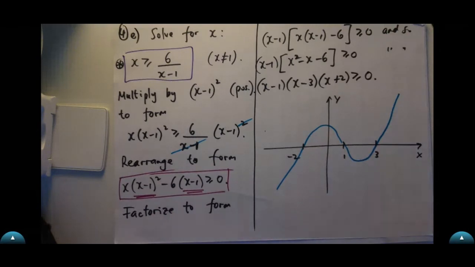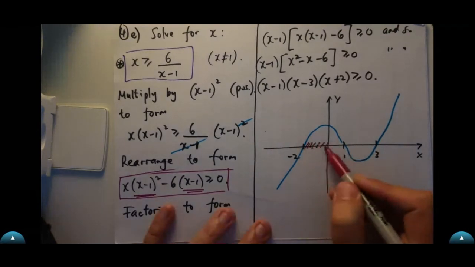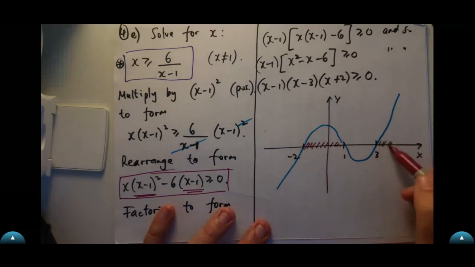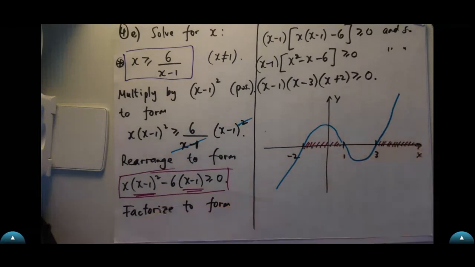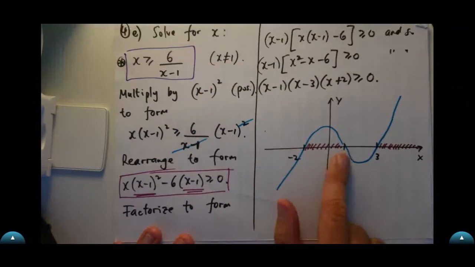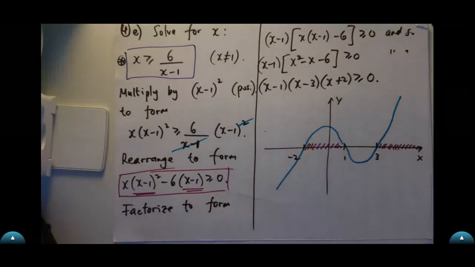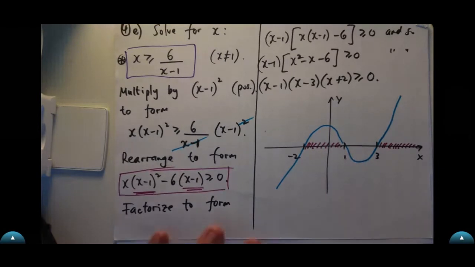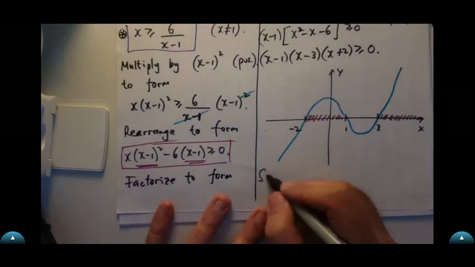Okay, so you can see it's going to be here and here. Now remember, we're excluding x equals 1, so we can't do that.